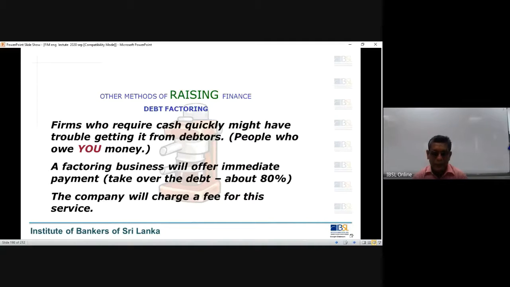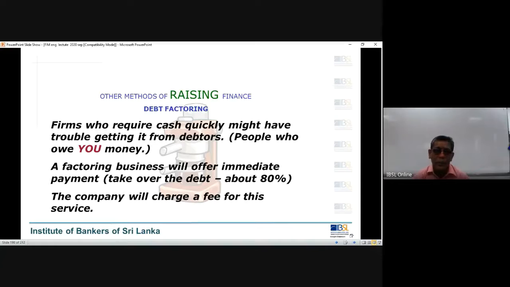What is debt factoring? To my knowledge we had two debt factoring companies in Sri Lanka, LOLC and Sampath, but I don't know whether Sampath is still working. They were the two leading debt factoring companies in Sri Lanka. I don't know about their present position. Now, what does debt factoring mean?